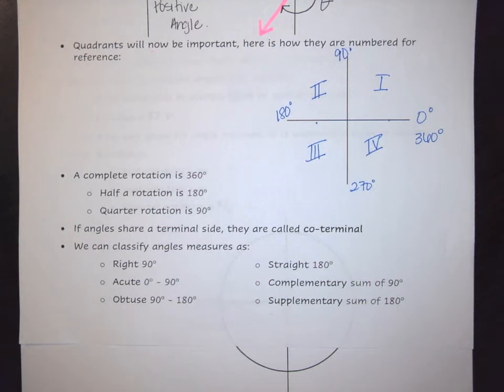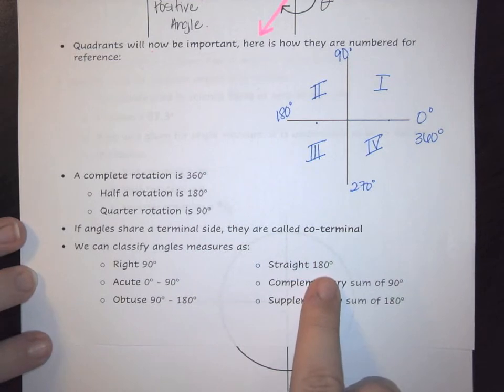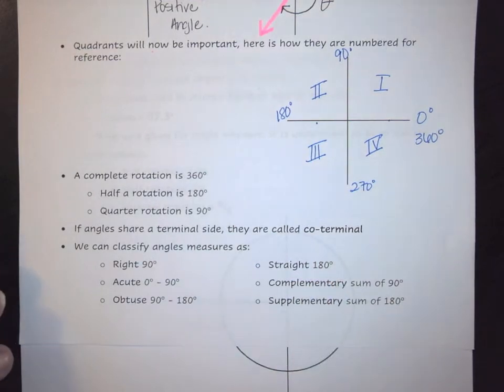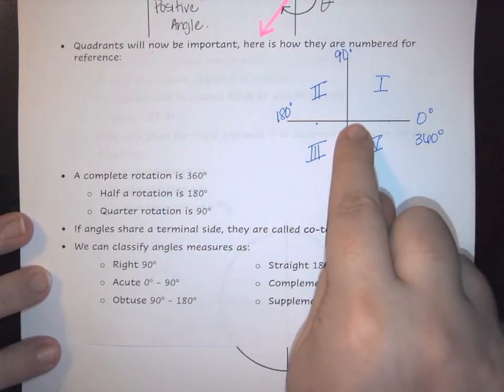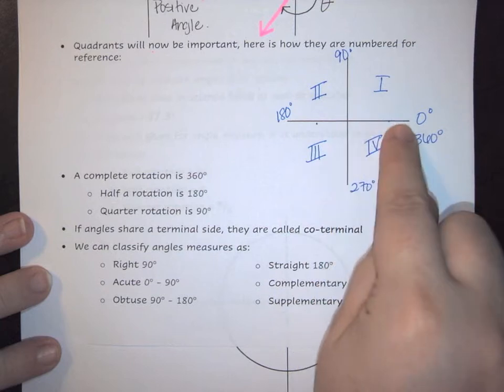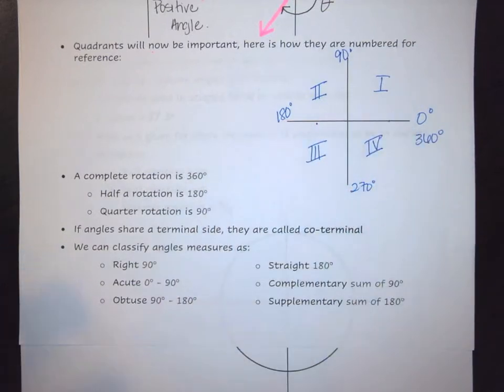I like to think of obtuse angle as like a lounge chair, okay, that I would go and sit in out in the sun. Now we also have a straight angle. A straight angle is exactly 180 degrees, okay, so it means that my terminal side would lie on the 180 degree line, whereas my initial side lies on 0. So neither one of them are going to show any movement off of the x-axis.